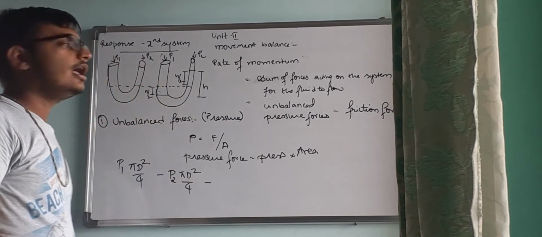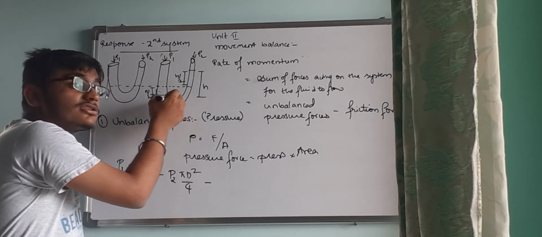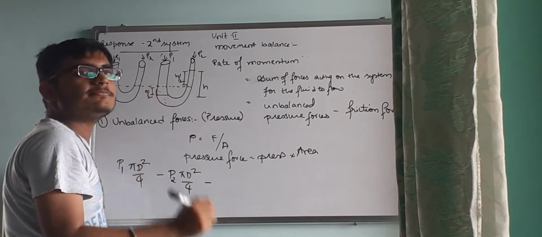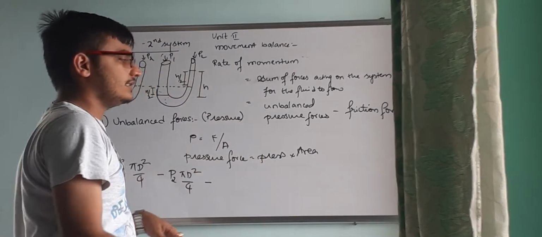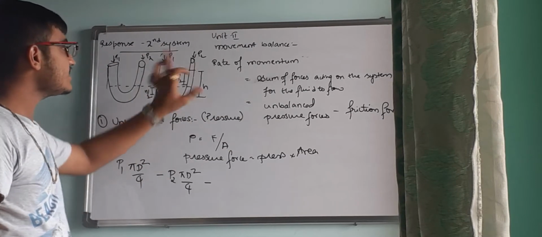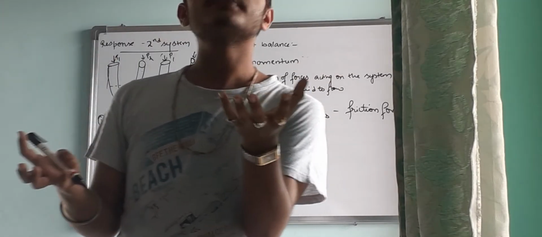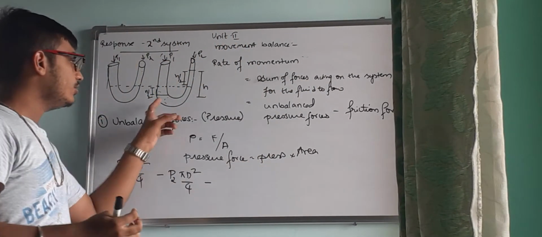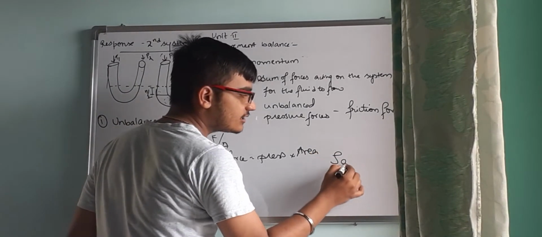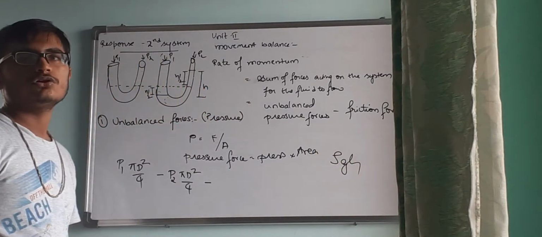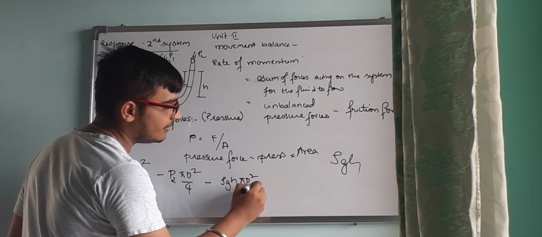Minus, now there is a pressure also developed because of the fluid that is present. This is the normal pressure that you are applying, but due to the fluid also some pressure will be exerted, right? In this you have a fluid. That fluid also will develop a pressure, which is rho g h, into again the area pi d square by 4.